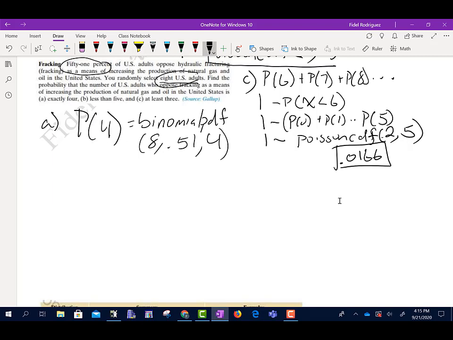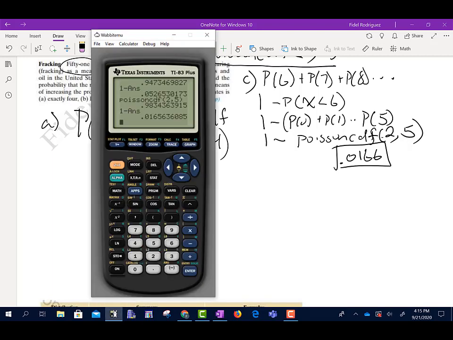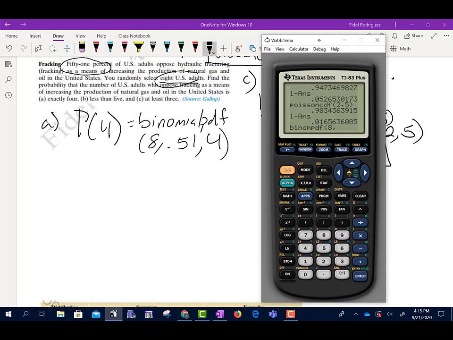Okay. So let me grab my calculator here. Second vars. We're going to go to binomial PDF. There we go. Number of trials was 8, comma, 0.51, comma, 4. Hit enter.